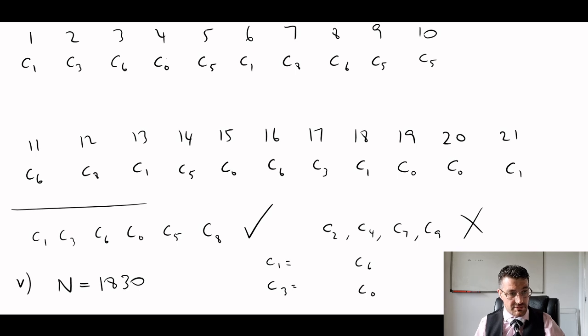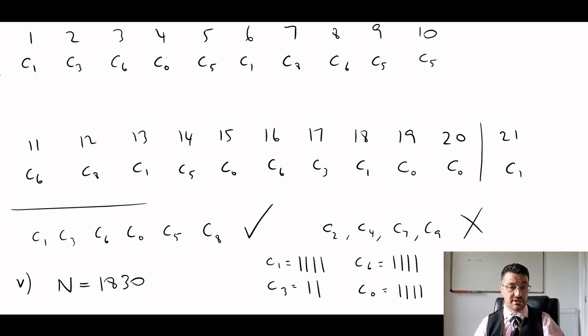Okay, so in this first lot of 20 sweets that gets handed out, I'm going to do it as a tally. So it's C1, C3, C6, C0, C5, C1, C8, C6, C5, C5, C6, C8, C1, C5, C0, C6, C3, C1, C0, and C0.